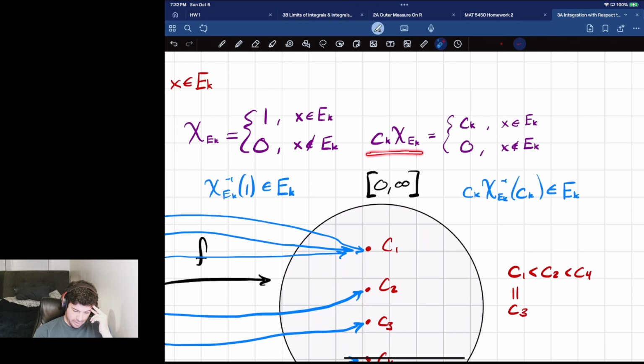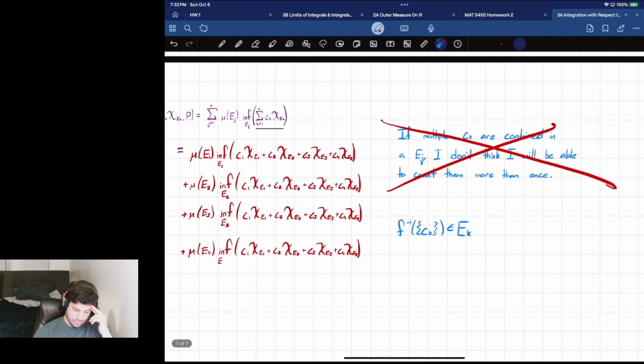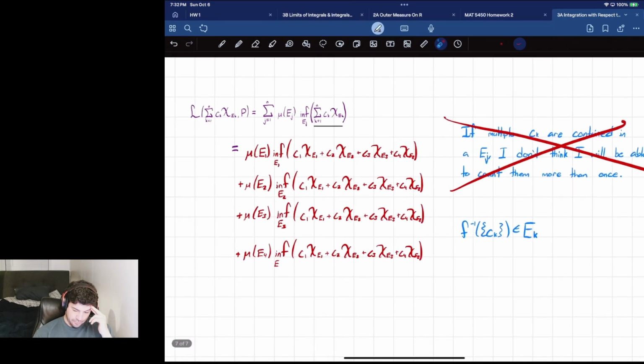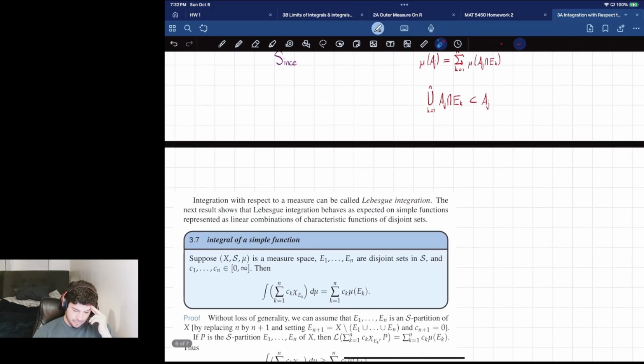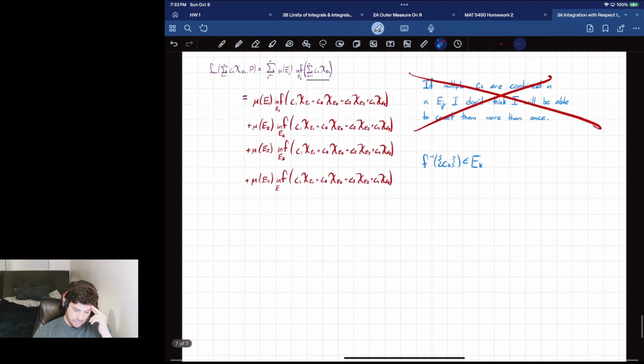Yeah, scalar multiplying the characteristic function by a constant automatically means that the inverse image of the constant has to be contained in E sub k. So what was I doing here?